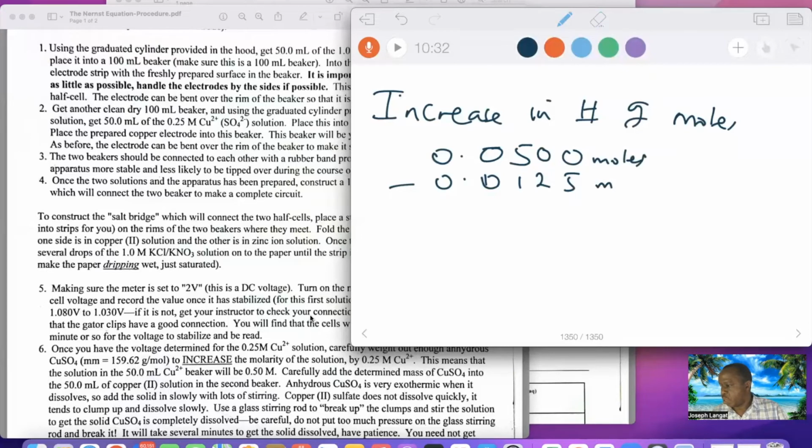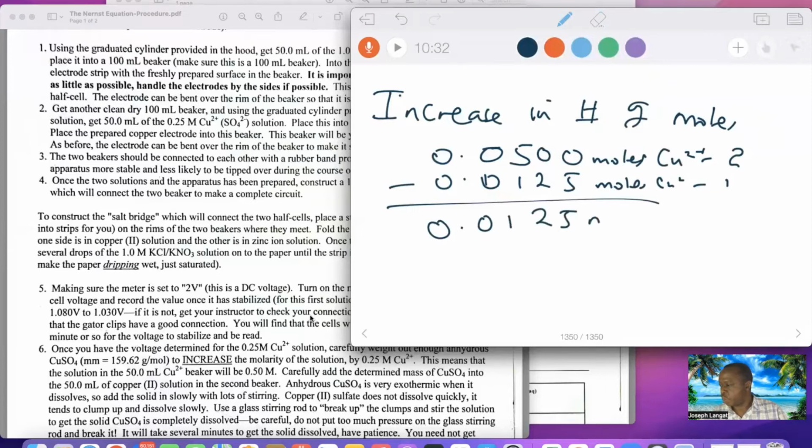This is moles of Cu for cell 2, and this is for cell 1, the increase in number of moles.